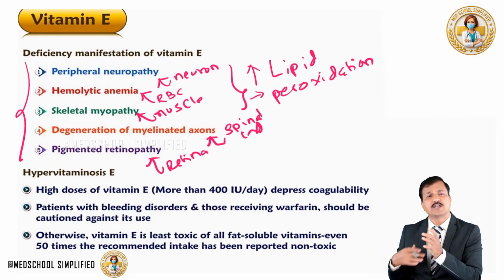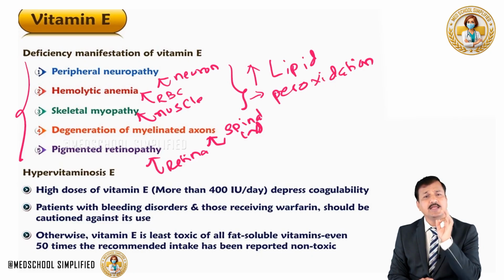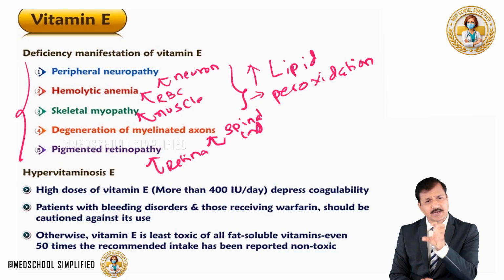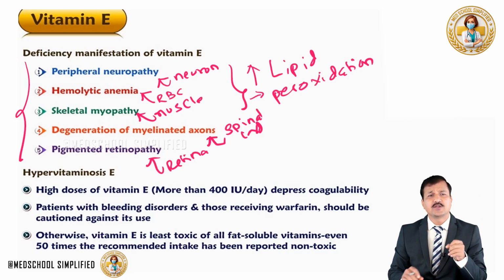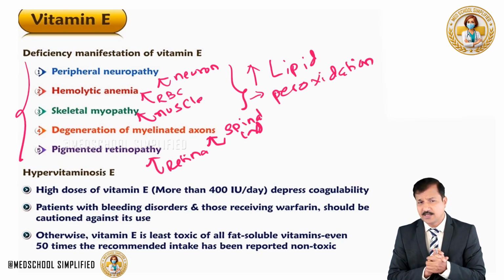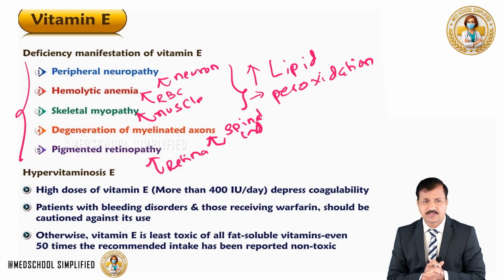If you see these additional features along with the neurological issues, you think about vitamin E, especially if it is associated with any fat malabsorptive disorder like cystic fibrosis, abetalipoproteinemia, resection of the small intestine. If peripheral neuropathy, hemolytic anemia, skeletal myopathy signs are there, along with any fat malabsorptive disorder, it is surely vitamin E deficiency.